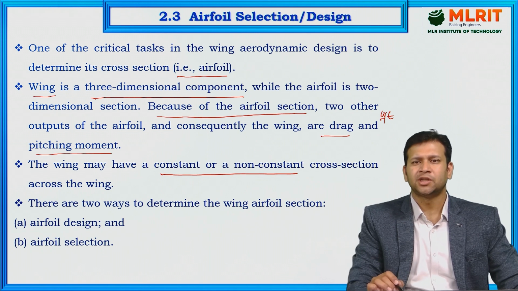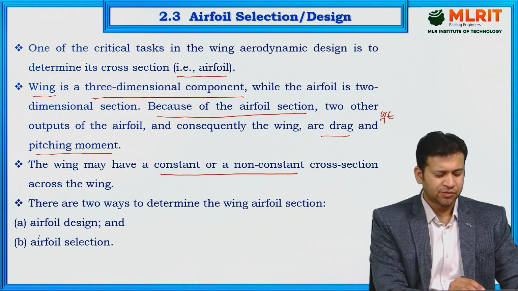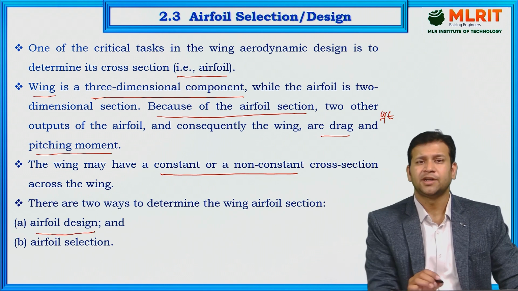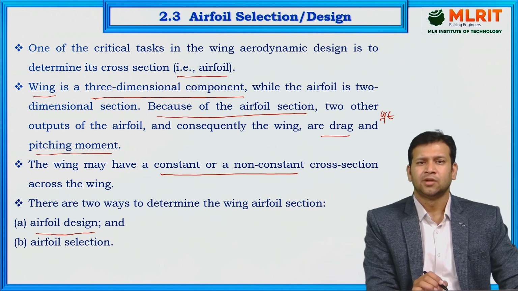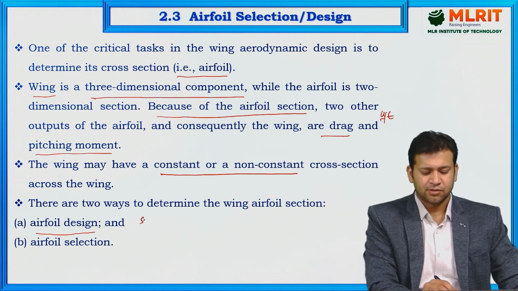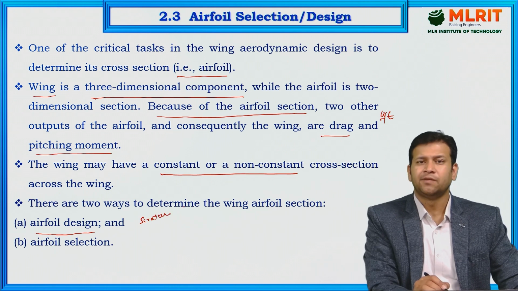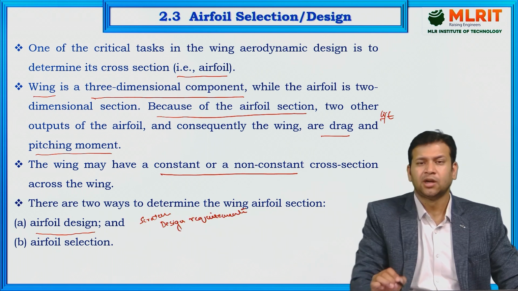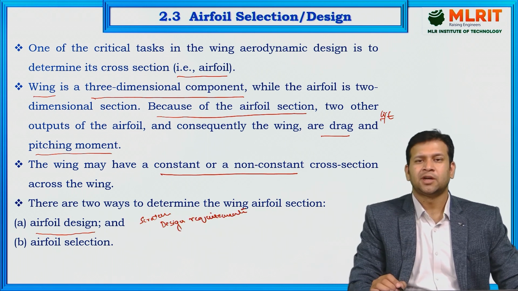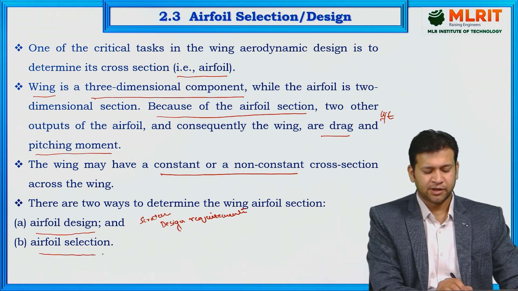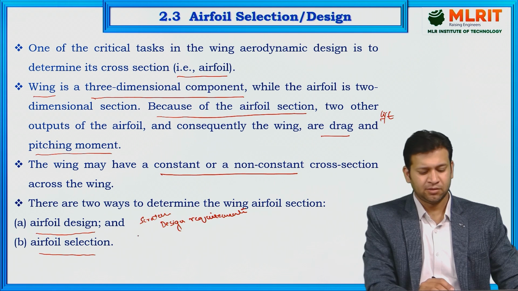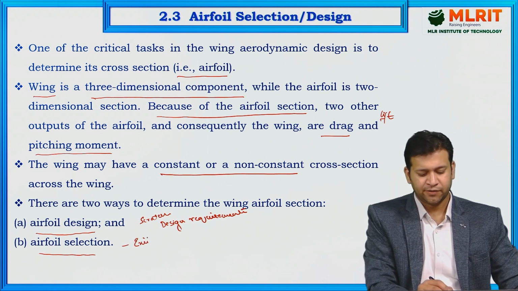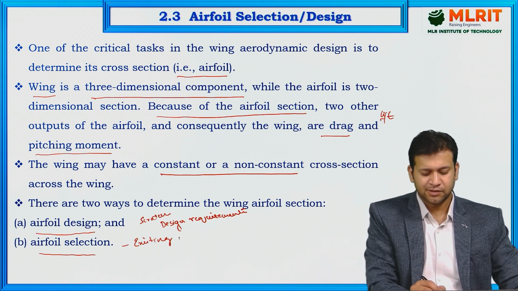There are two ways to determine the wing airfoil section. The first one is airfoil design, where we start from scratch and design to satisfy our design requirements. And we have the second option, selection of the airfoil, that is selecting it from existing airfoils.